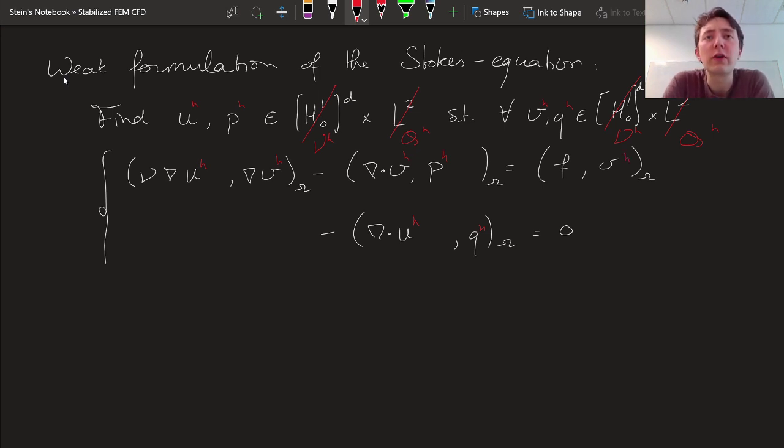And then we looked at this formulation and we saw that the quality of the solution depended on our choices of VH and QH, not independently, but rather their combined use.